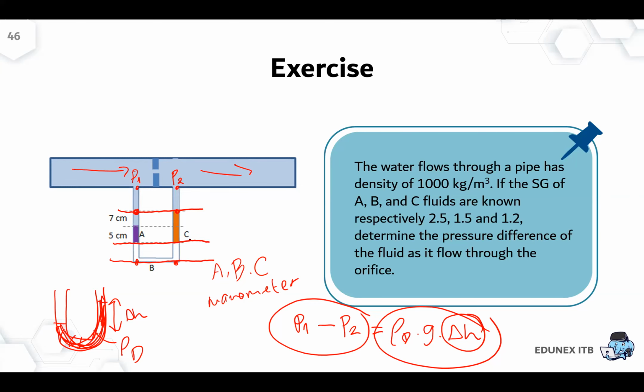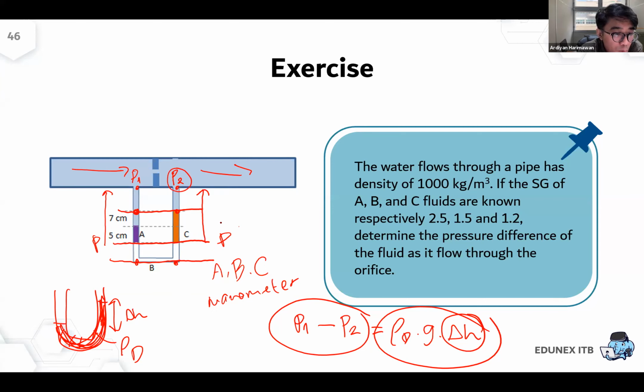So this one and this one is the same. Then you just do the calculation of hydrostatic. You go upward from here, then you go upward from here. Because you go upward, P2 will be lower than P at the right.